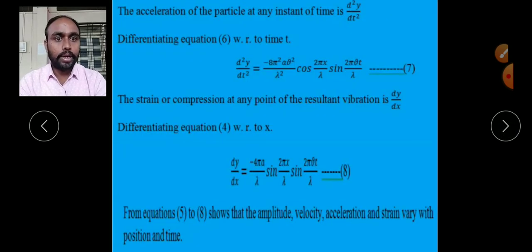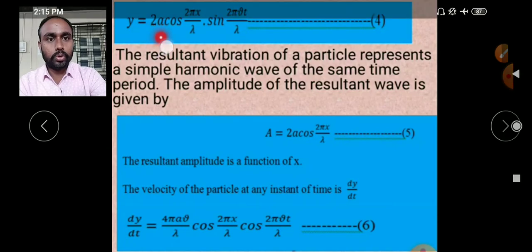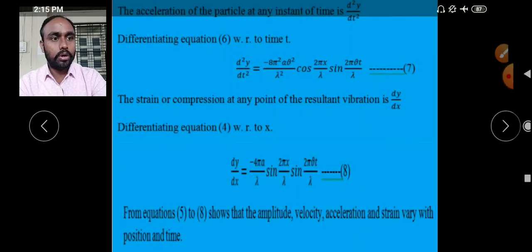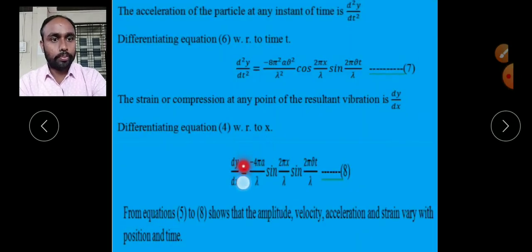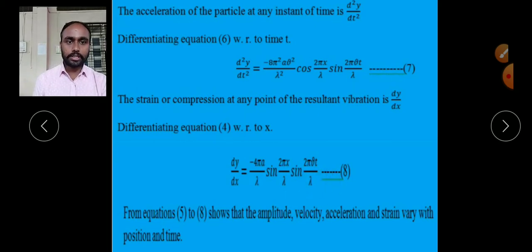Already it was 2a constant, so 2 into 2, 4. So minus 4 pi a divided by lambda, sin 2 pi x by lambda, and sin 2 pi Vt by lambda, which was a constant, is kept as it is. This equation number 8 gives us the compression or strain.